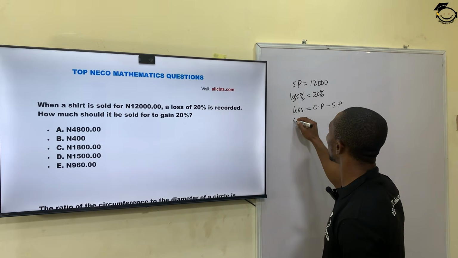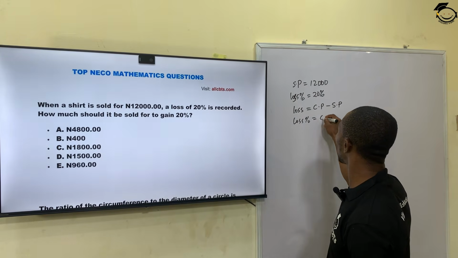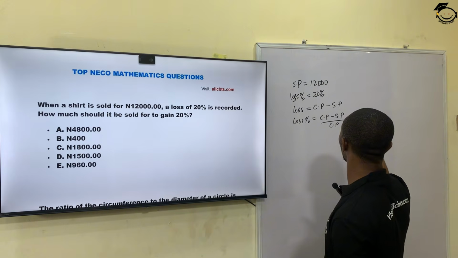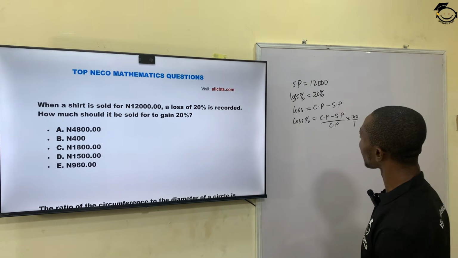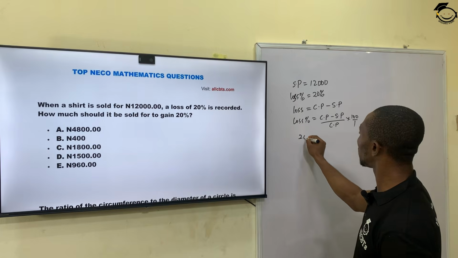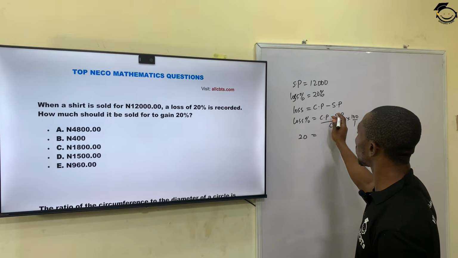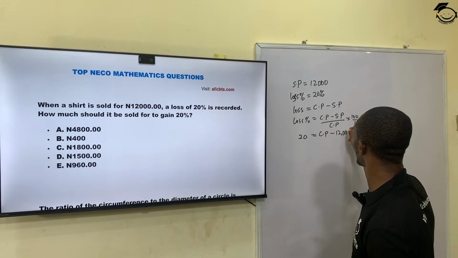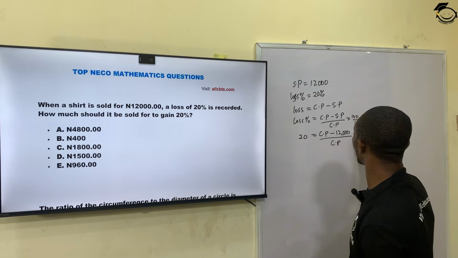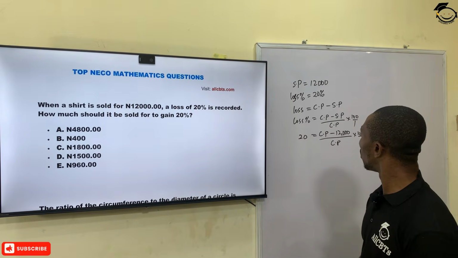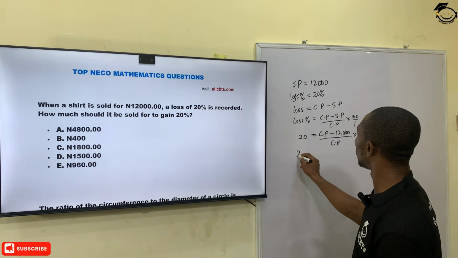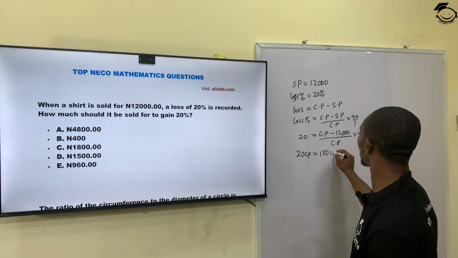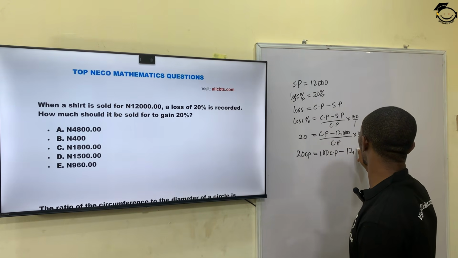So our loss percent will become cost price minus selling price all over cost price times 100 over 1. Now, we've been given our loss percent as 20. The cost price we do not know, minus selling price, which is 120,000, all over cost price times 100 over 1. Cross multiplying, this gives us 20 cost price equals 100 cost price minus 120,000 times 100.